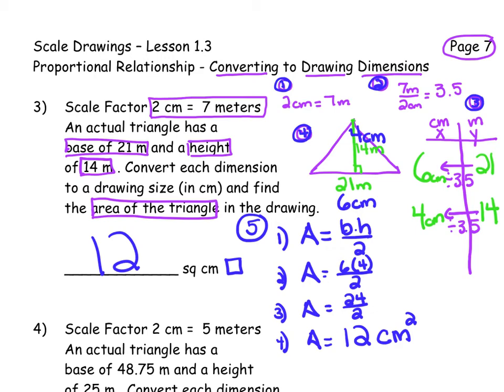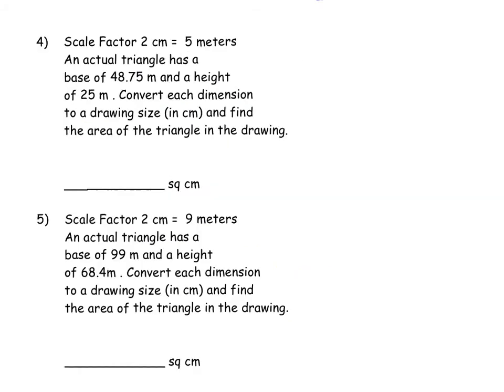Let's take a look at the last 2 problems on this page. In problem 4, the scale factor is 2 centimeters equals 5 meters. An actual triangle has a base of 4.75 meters and a height of 25 meters.